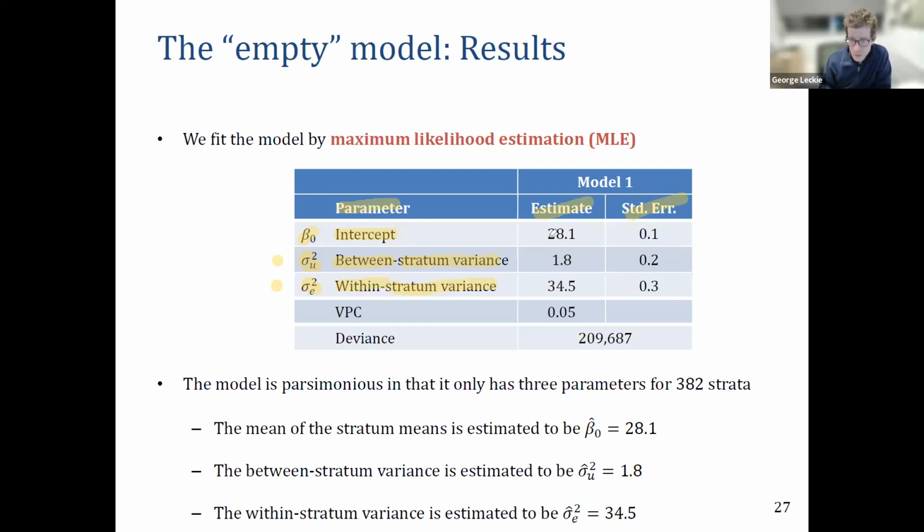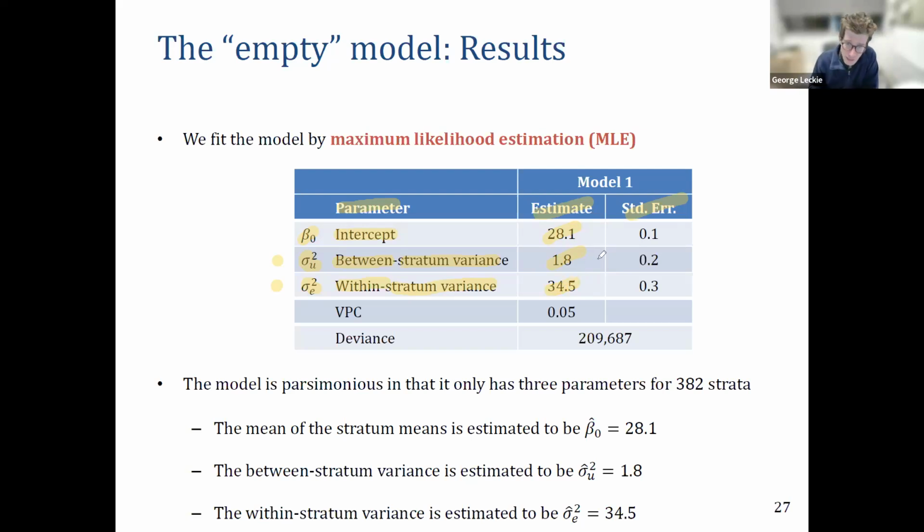So the overall average BMI, the mean across all stratum means, if you like, is 28.1. Between stratum variance, which is quantifying how much those 382 strata vary in their means, is just 1.8. Whereas within the average stratum, we're seeing a variance in individual BMI scores of 34.5.